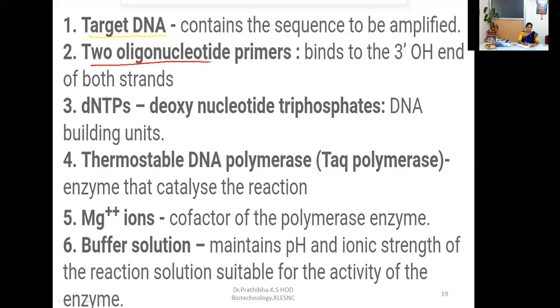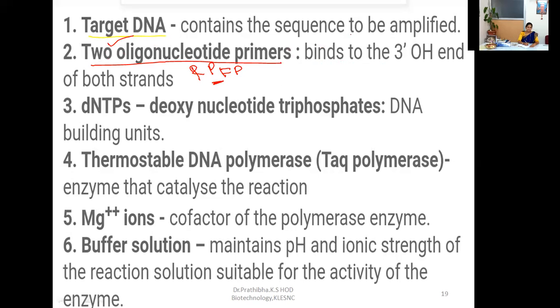Then we need 2 oligonucleotide primers. What kind of primers? We need the reverse primer and the forward primer, both. Then what is the job of the primers? Primers go and bind to the 3' hydroxyl end of both strands.